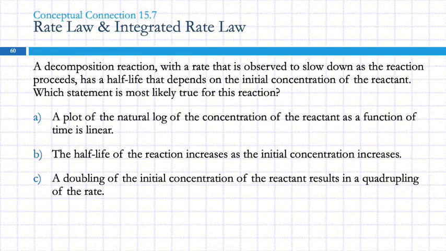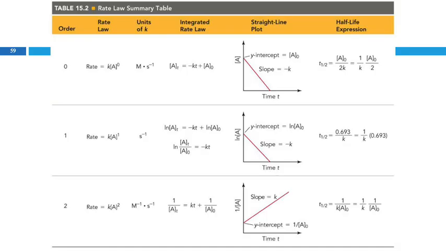So our choices here are describing different rate orders, right? The natural log versus time being linear, which one was that? First order. Okay, so we see down here, first order is the natural log.